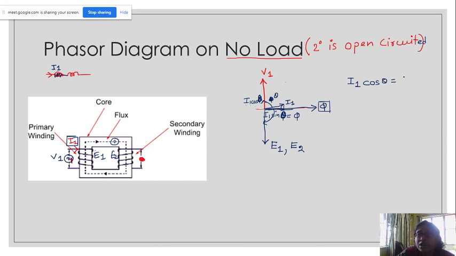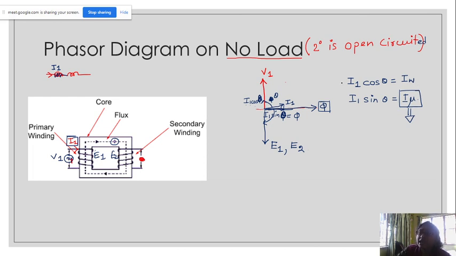This is called the active component of current, IW, and another is I1 sin theta. This is called I mu, or the reactive part of the primary current. Now this part I mu is responsible for flux generation.